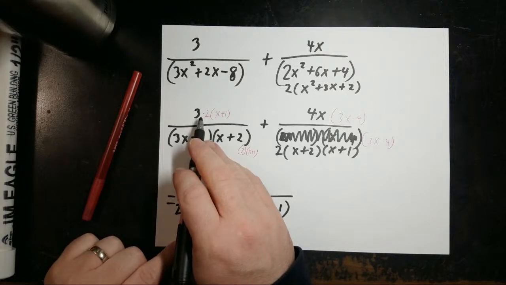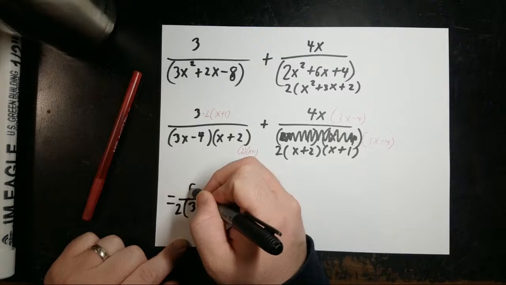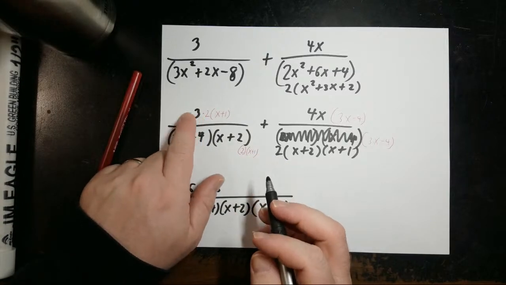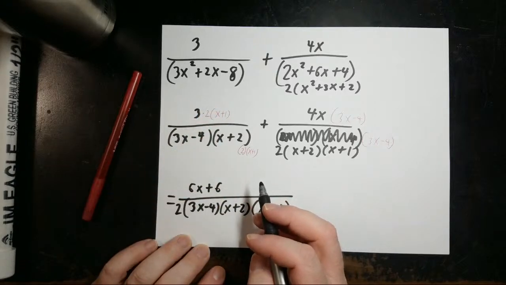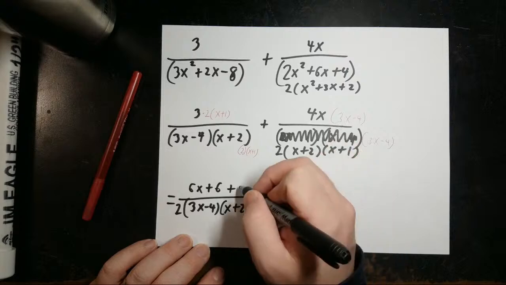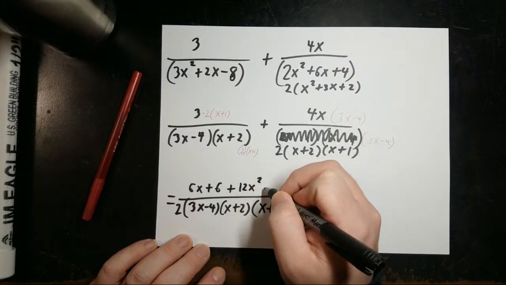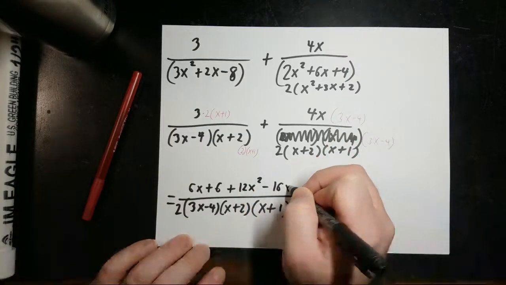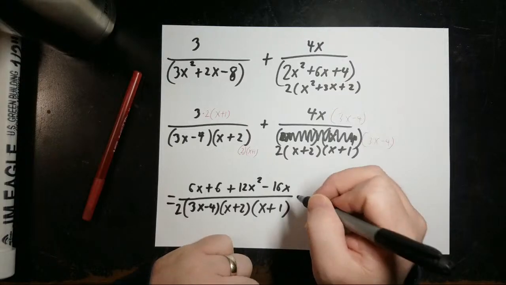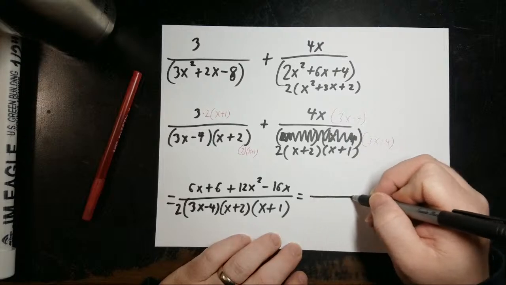The first fraction would become a 6x plus 6, because 3 times 2, and then distribute the 6, plus, you got to distribute a 4x, a 12x squared minus 16x. Oof, this thing. Let's just see what happens.